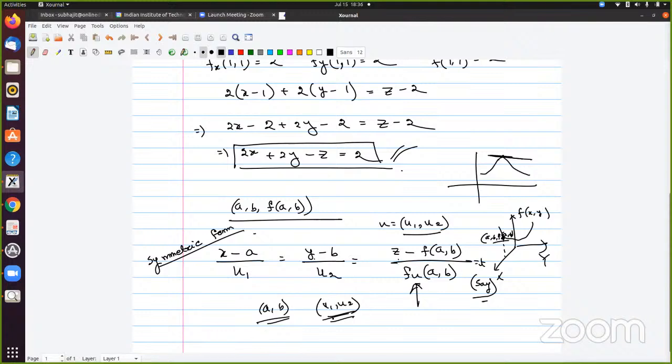So that's why t is called a parameter, and then we know what is parametric form. Parametric form is basically you take this on the other side and write x equal to a plus t u1. Now, as I am saying, it is a function of t because a and u are fixed. So you write x(t).